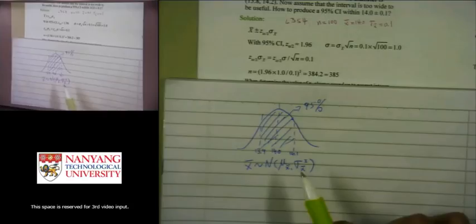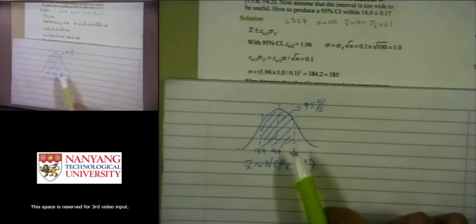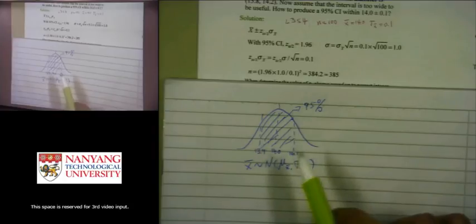Does this look familiar? We just did the tutorial questions. The average diameter is 0.65, right? That's the same.